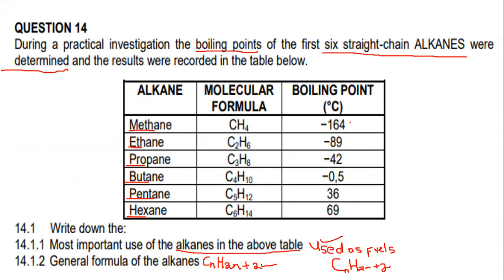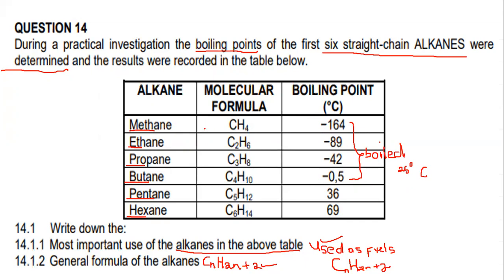When I look at methane all the way up to butane, when the temperature is 25 degrees Celsius, we can definitely say they have already boiled. Why can we say they've already boiled?